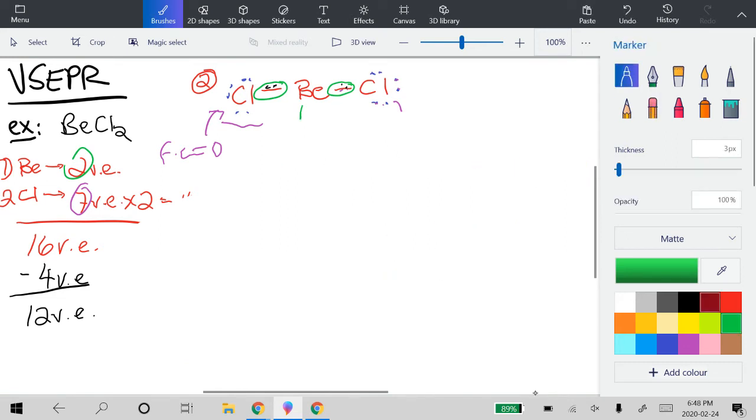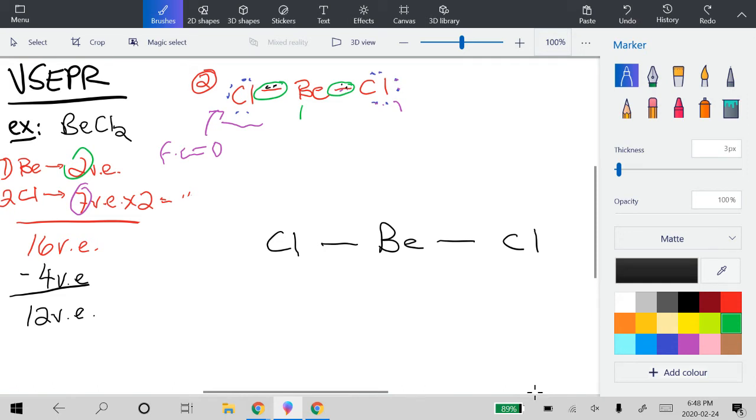and just redraw it with Cl, Be, Cl. I don't have to fill in the electrons around the peripheral atoms, as in the chlorines, but I do have to fill any lone electrons on the central atom, the beryllium, but in this case we didn't draw any, so I don't need to.